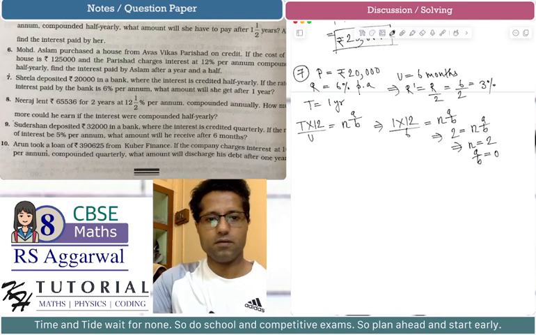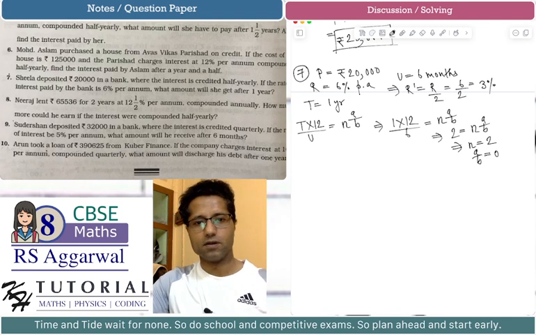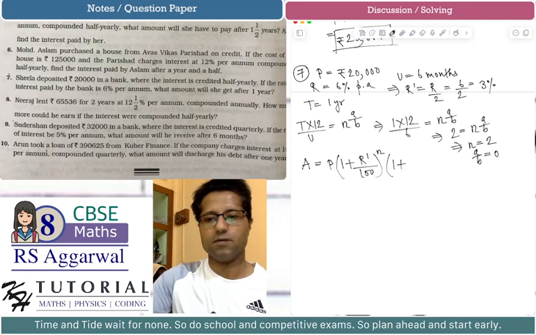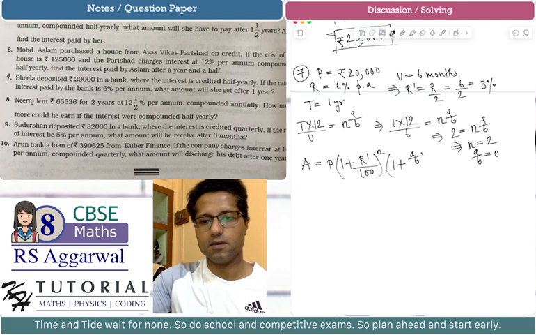Now it is asking what amount will she get back after 1 year. So definitely we have to find the amount. The amount is P multiplied by 1 plus R dash by 100 to the power, so this is the general formula, 1 plus A by B R dash by 100.